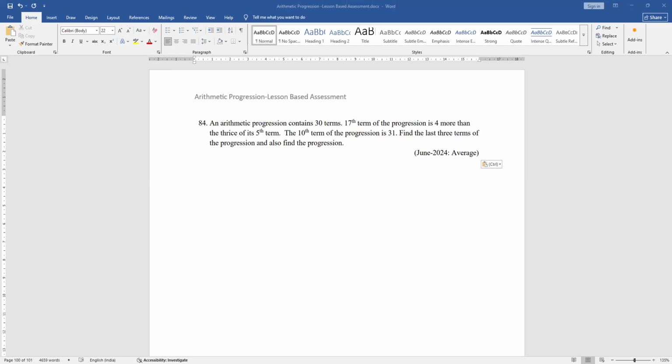Okay. So now let us write what all is given. So first, an arithmetic progression contains 30 terms.